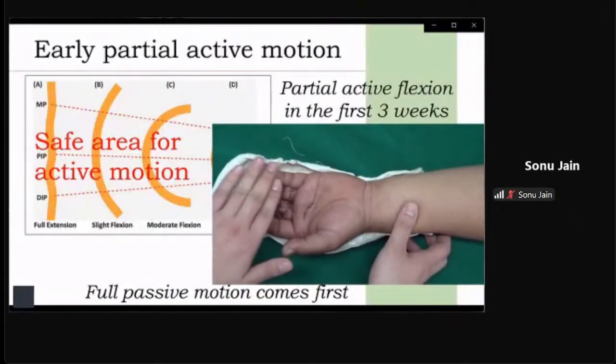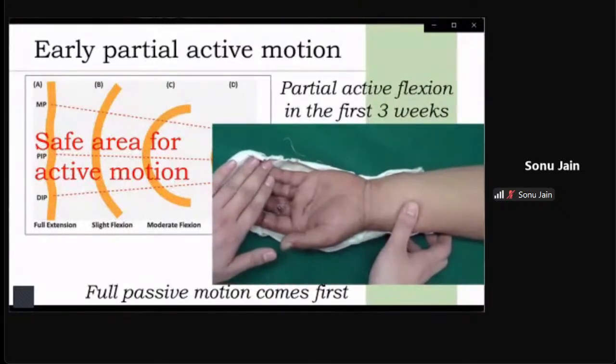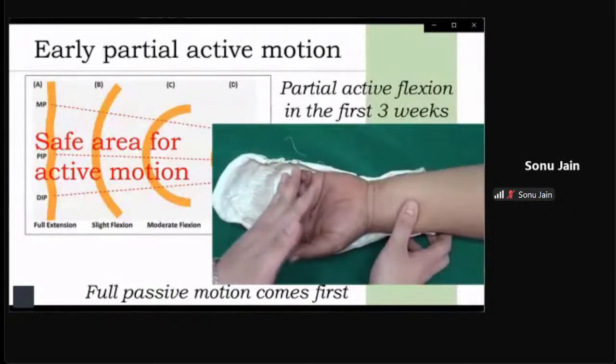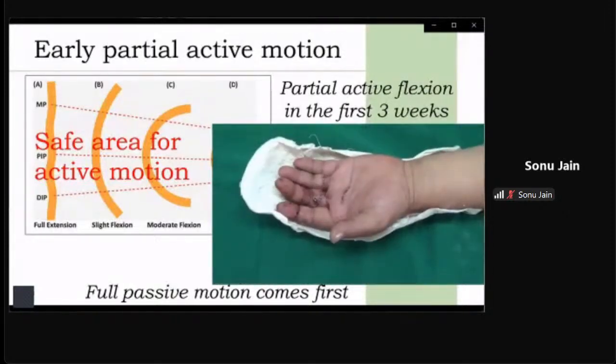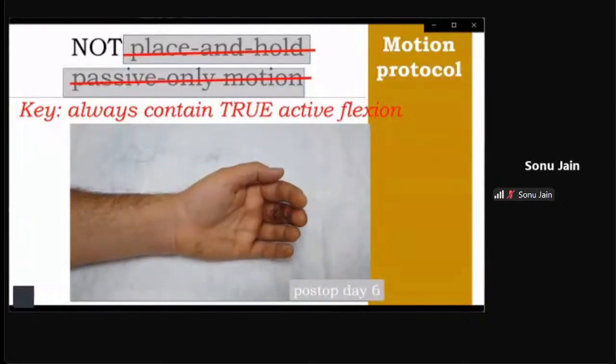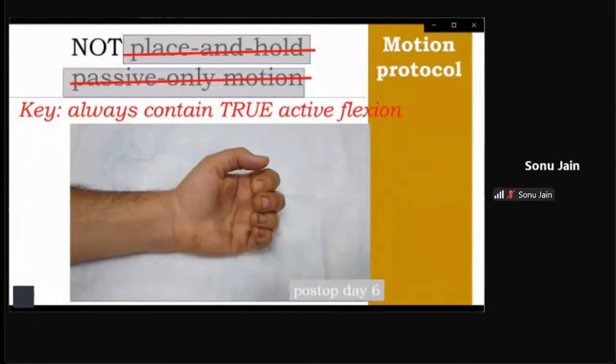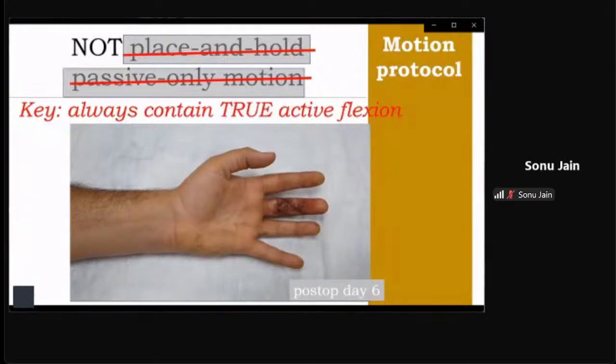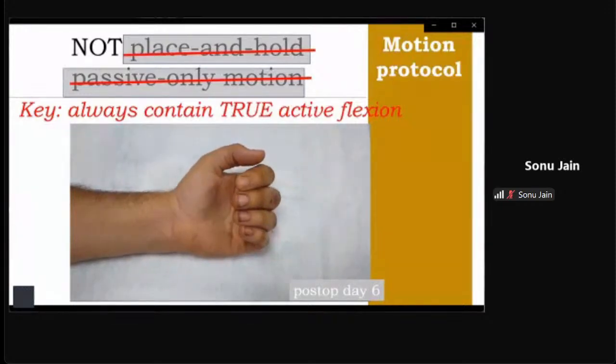We use it for the first 3 weeks, then gradually aim at full flexion actively. We do not do place and hold. We do not do passive-only motion; we always do a true active flexion motion.